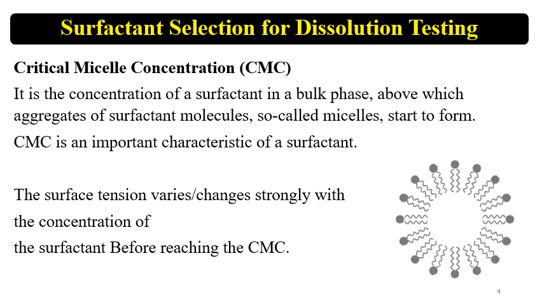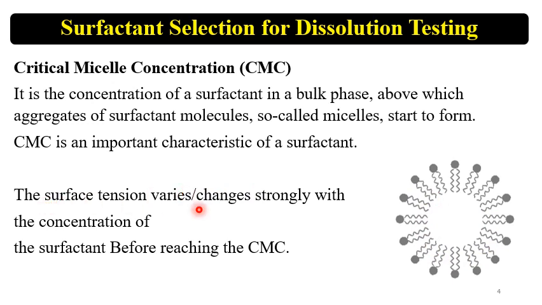Critical micelle concentration is the concentration of surfactant in the bulk phase above which the surfactant molecules aggregate and form a structure called a micelle. This structure I have shown here, these molecules orient to form the micelles.